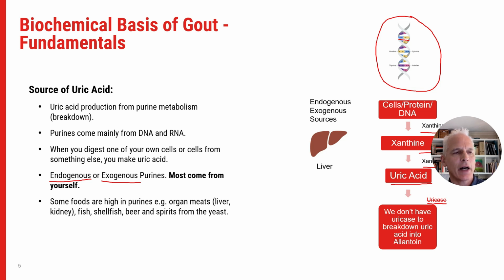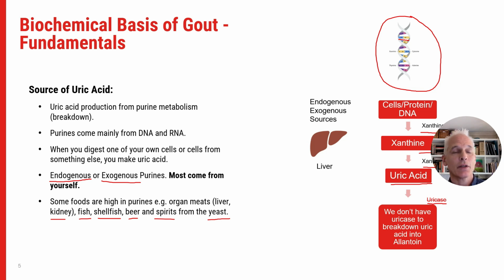Some foods are higher in purines, however. Organ meats, such as liver and kidney, have higher amounts of purines in them. Fish and shellfish have higher amounts of purines. Beer and certain spirits have high purines because they are created using yeast, and when you use yeast to make alcohol, that yeast can be broken down.